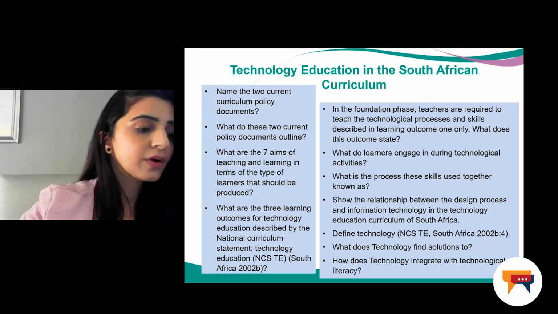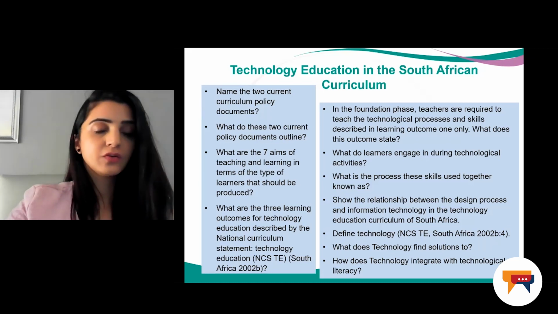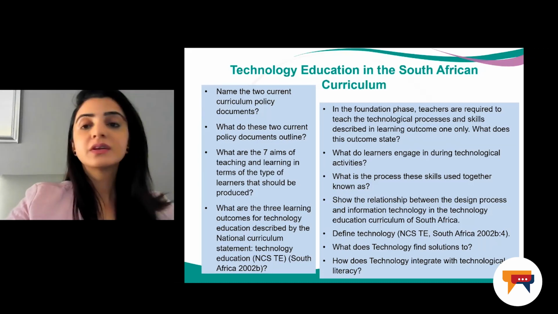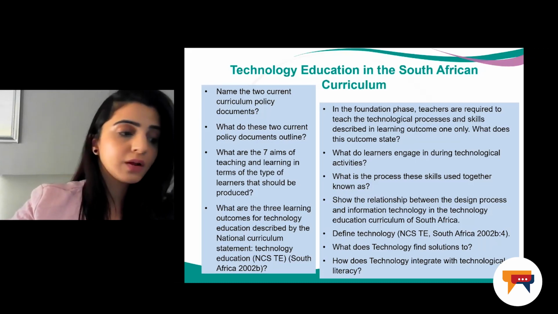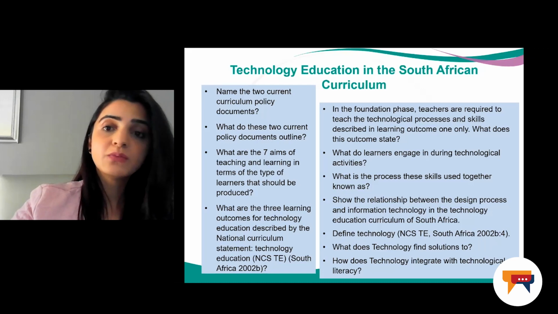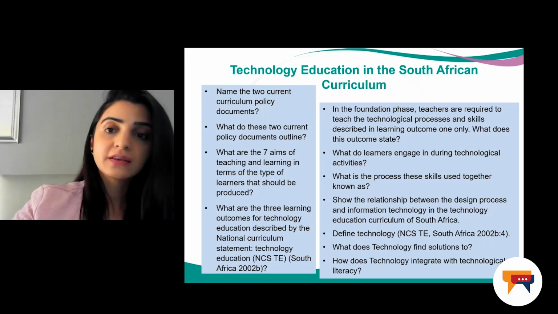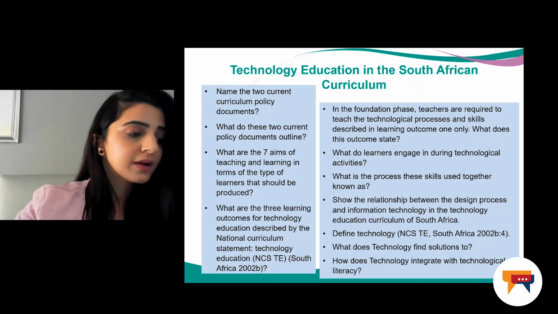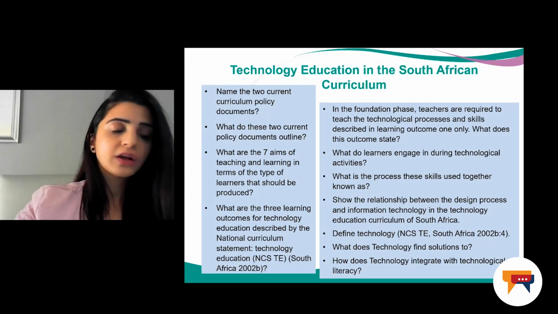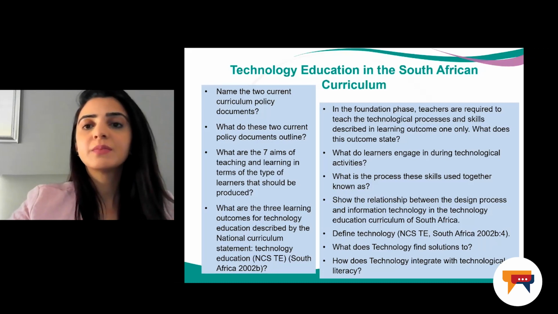So remember, when we're talking about the aim of teaching and learning, it is to produce learners who are able to use critical and creative thinking, work effectively as individuals and with others as a team. We need to instill this in them: organize and manage themselves and their activities responsibly, communicate effectively using visual and even language skills, and use science and technology effectively and creatively to help the environment or help others.